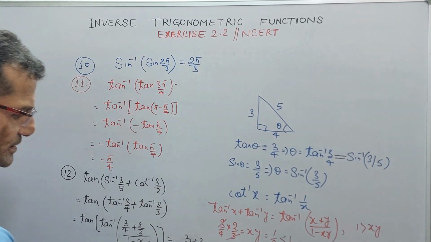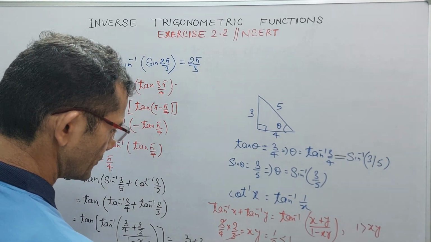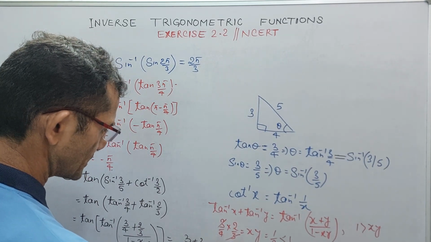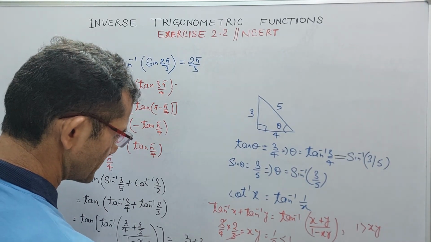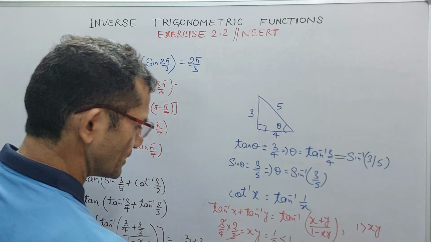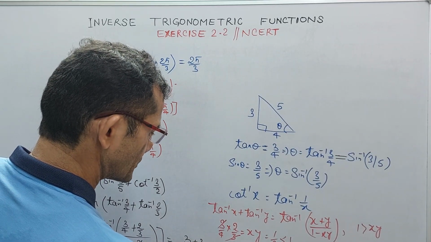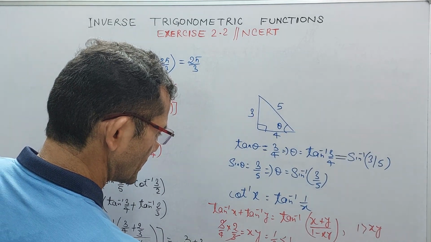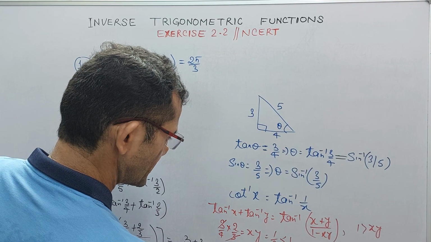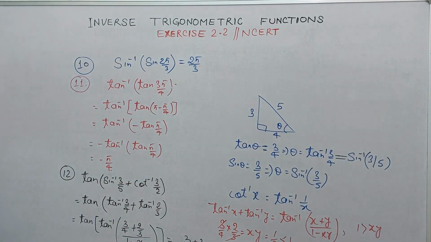Taking the LCM of 4 and 3 as 12, we get 9 plus 8 divided by 1 by 2. After simplification, 17 divided by 12 into 2 into 1. Now the value finally comes out 17 divided by 6. So 17 divided by 6 will be our answer.